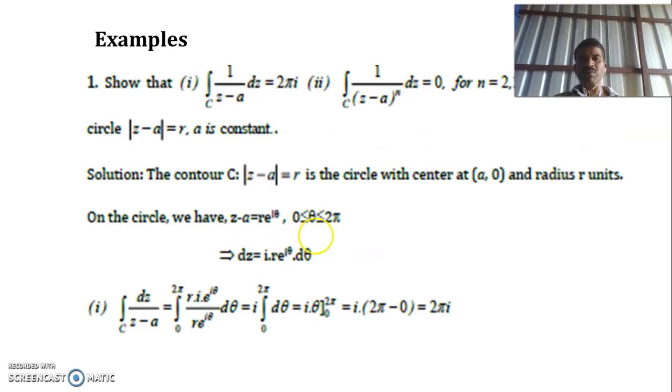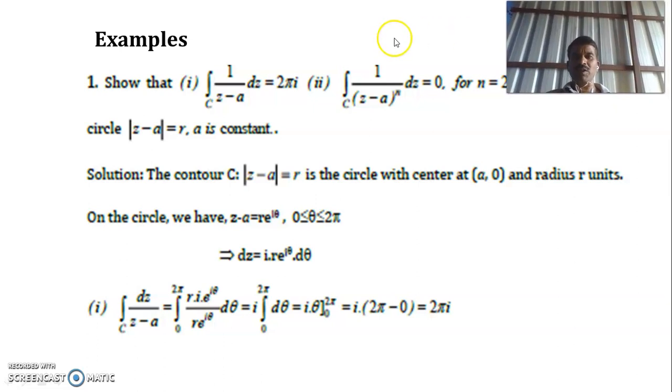So now we shall see the problems based on Cauchy's integral formula for derivatives.